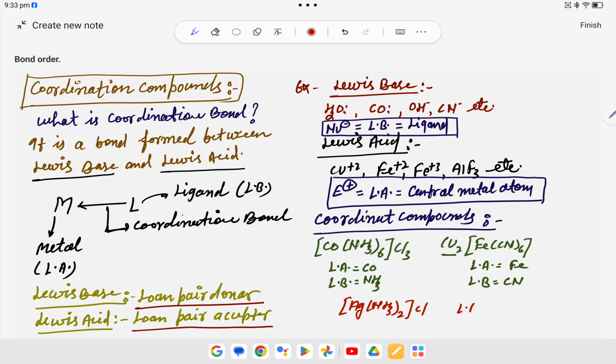What is the Lewis acid here? Silver, and Lewis base NH3. So these are the examples of coordination compound. I hope it is clear to you.